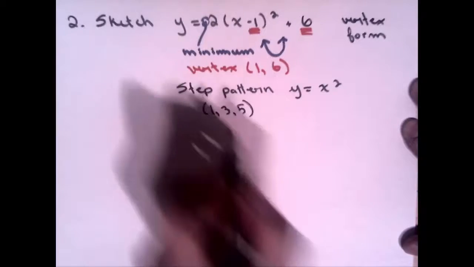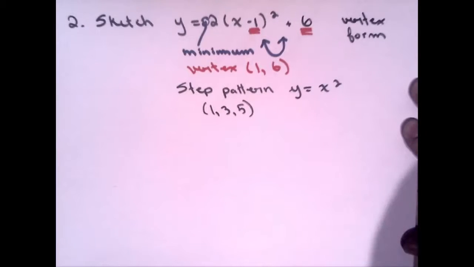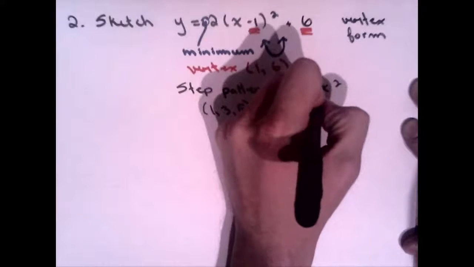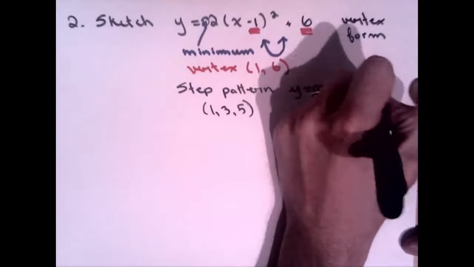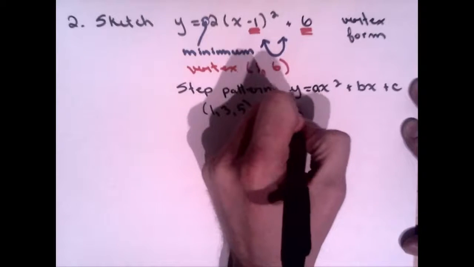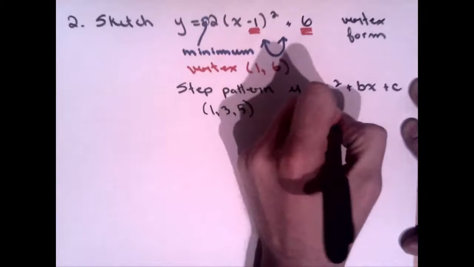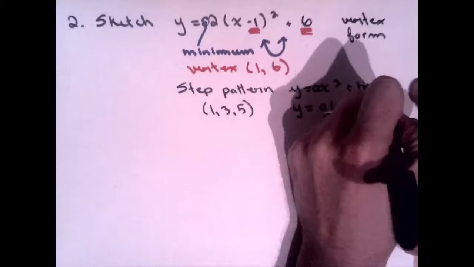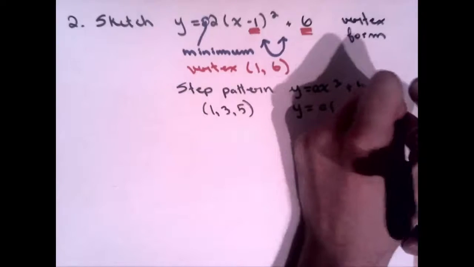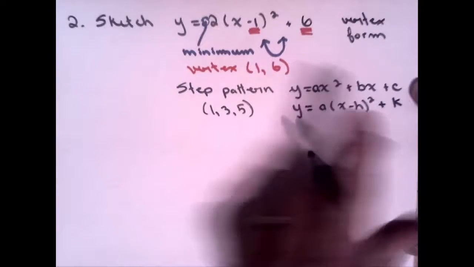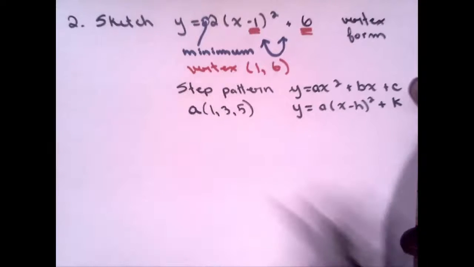But if we want to generalize it to a quadratic with ax squared plus bx plus c, if it were in standard form, or even if you wanted to do a(x minus h) squared plus k, the basic step pattern, if you're in vertex form, is a times 1, 3, 5.